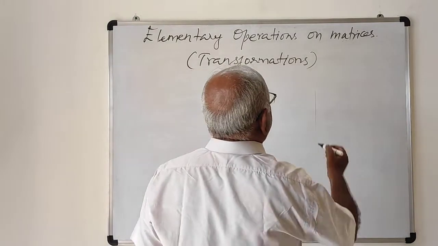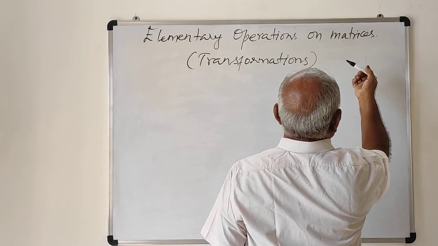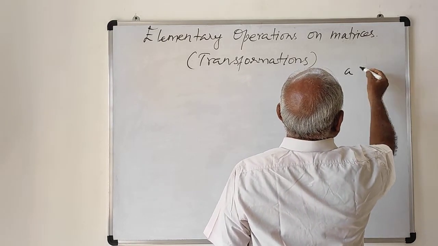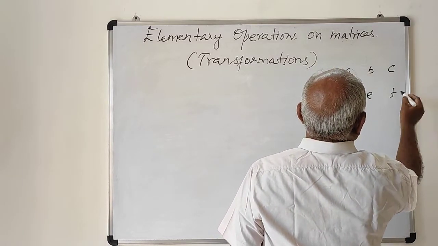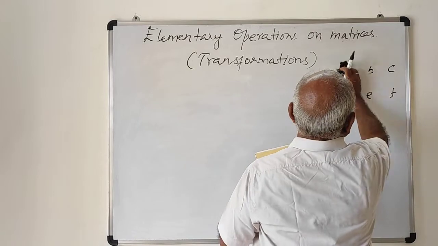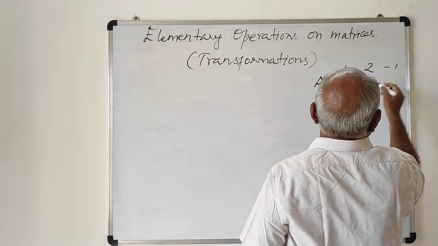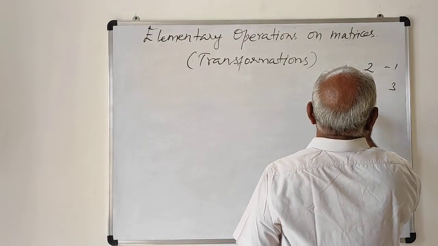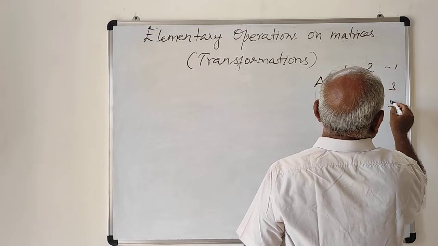Suppose you consider a matrix A with entries A, B, C, D, E, F, which are real numbers. Instead of writing the letters, I just write 1, 2, minus 1, 0, 4, 3, 1, minus 2, 5.